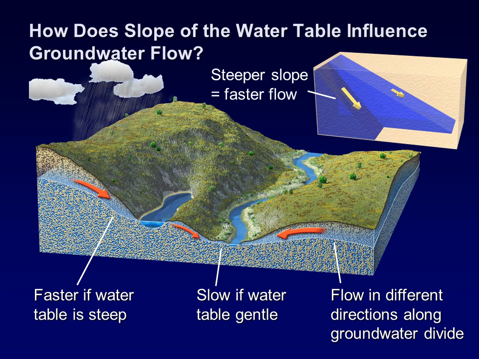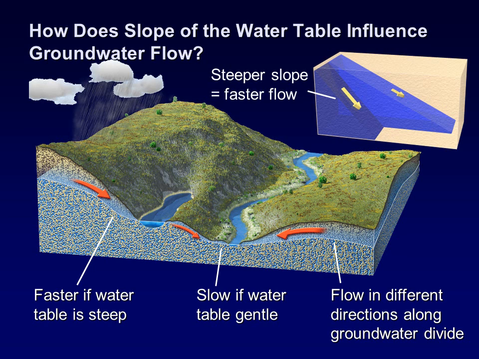So what other types of things affect flow? We've got porosity. How much water can the rocks there hold? How much can they contain? We've got permeability. How quickly can the water move through there? Okay, we've got slope, which is going to increase or decrease speed based on how steep that surface is.